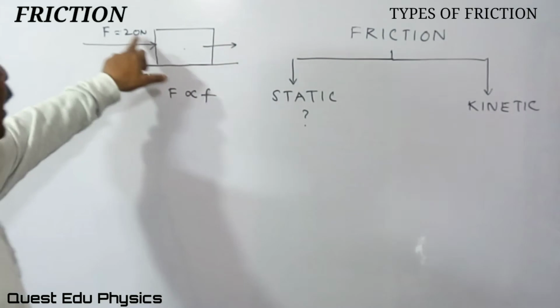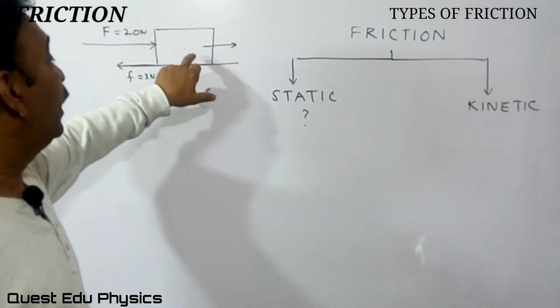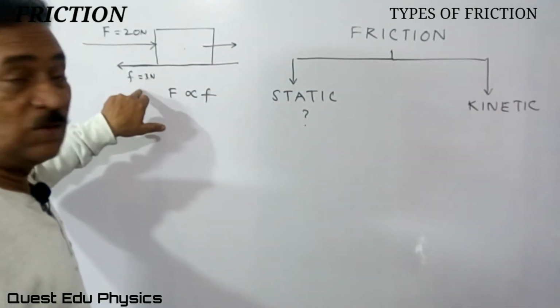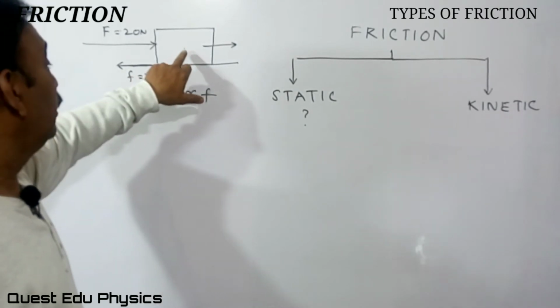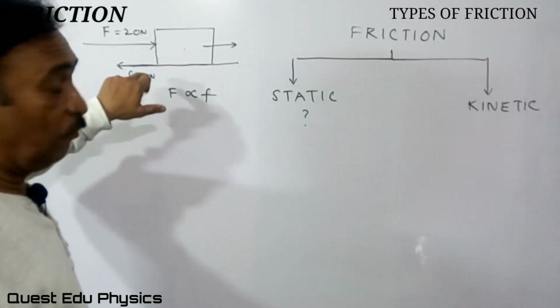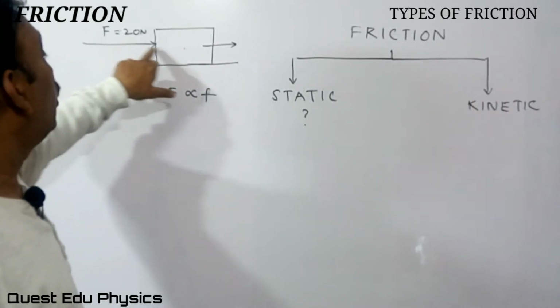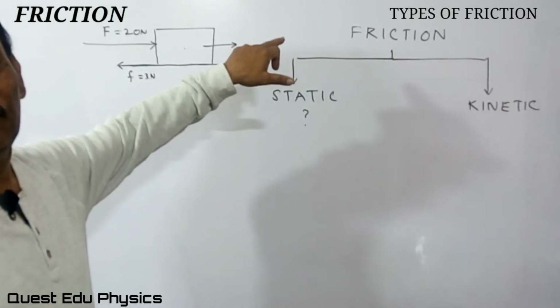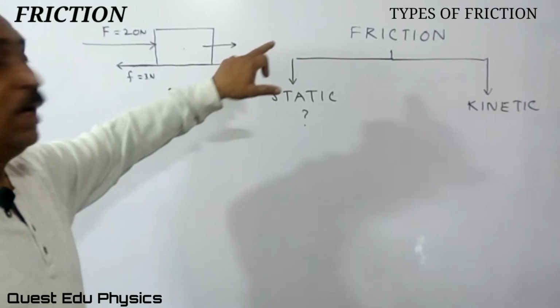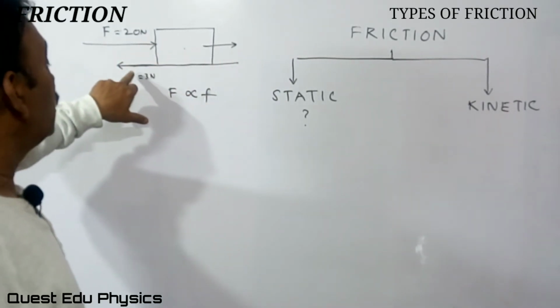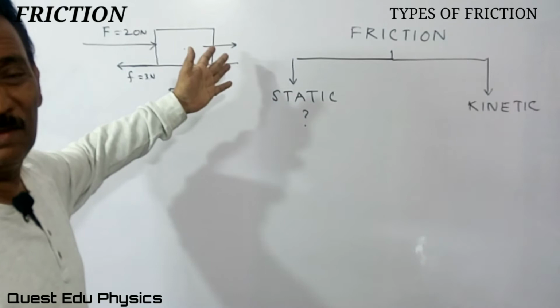That means at a particular force, the frictional force lost its capacity and breaks down, and then the body moves over. Understanding me, students? At a particular point, it lost the capacity of resistance.